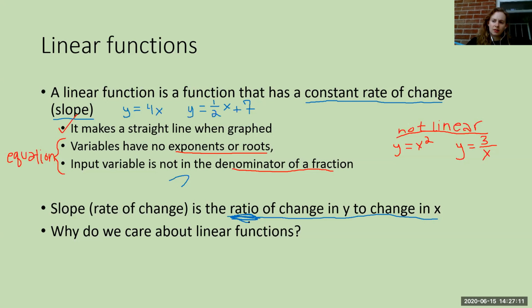Last thing to talk about on this page: why do we care about linear functions? Well, we care about them because they're on the GED test, right? We're trying to pass that test. But we also care about linear functions because they are very common.